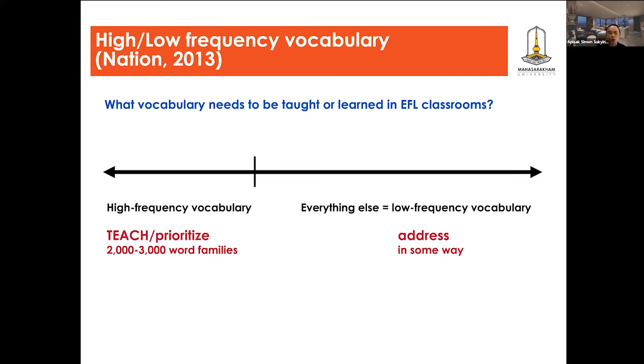The first 2,000 or 3,000 word families, the first 2,000 high frequency words, are easy words, and learners need to know these words first before moving on to learn other words. So make sure your student knows the first 2,000 words. If not, you need to focus on this.